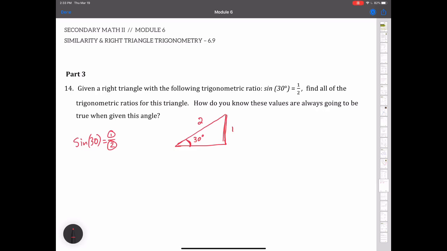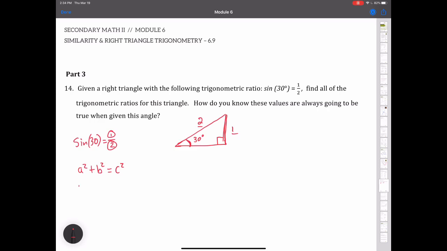Well, now we're left with, oh, shoot, how do I find that third side? Well, remember above and in our other right triangle practice, we can use the Pythagorean theorem. Voila, there we go. So we have the hypotenuse, we have one leg, so let's plug those in and solve.